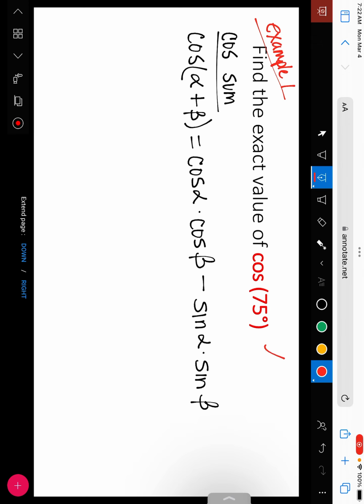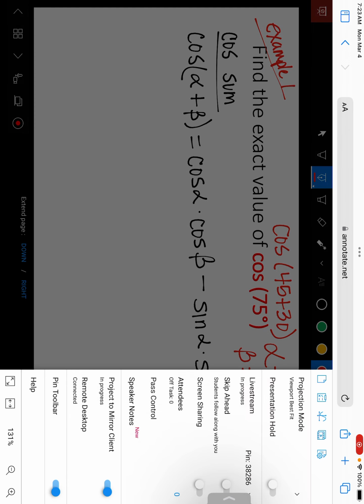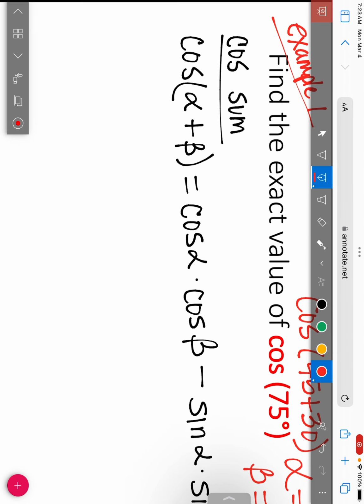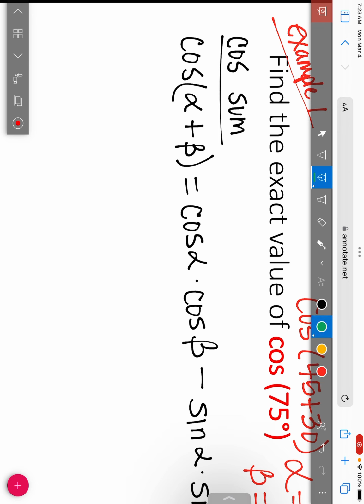Because we're going to break this 75 down to the cosine of 45 plus 30, we'll say alpha is 45 and beta is 30. Let's go ahead and fill it in.